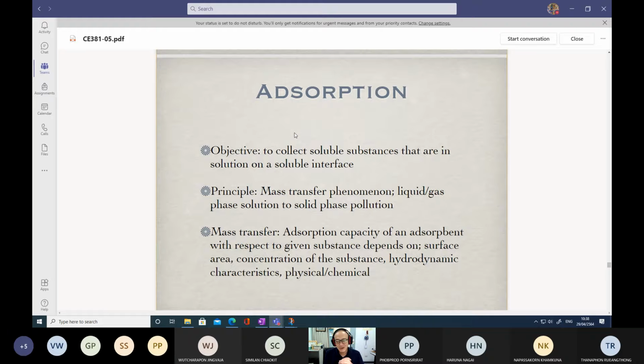In some of your houses, I think you have a kind of filter machine, and inside there is a filter cartridge. Inside that filter cartridge, they mostly put activated carbon, not any other forms of filter media.